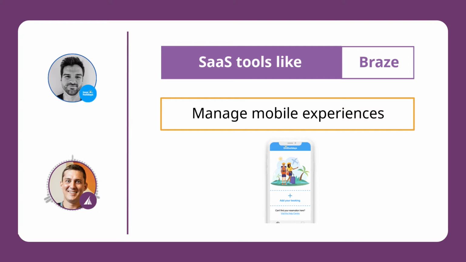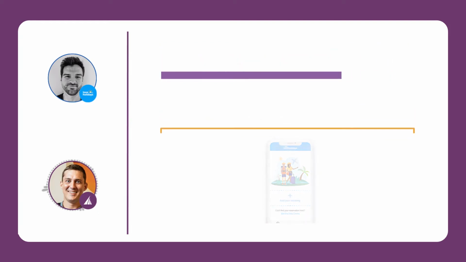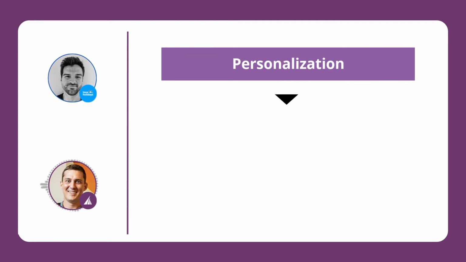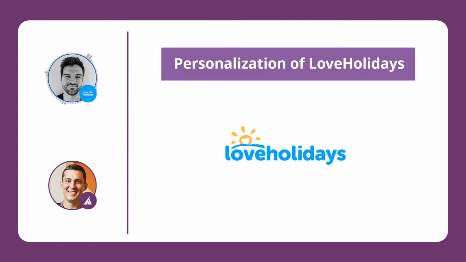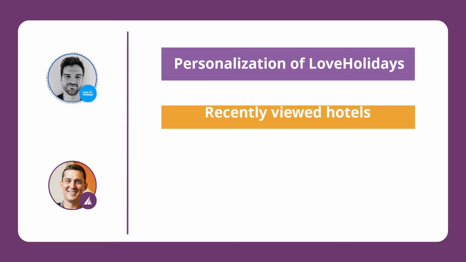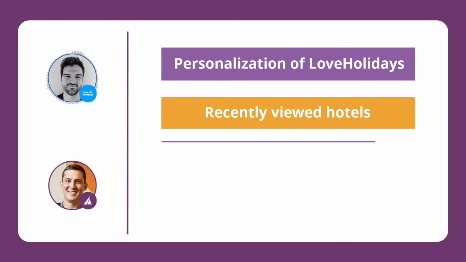But I want to hear about what you're thinking around personalization at Love Holidays. Yeah, it's super interesting stuff. One of the things we've recently tested is what we call recently viewed hotels.